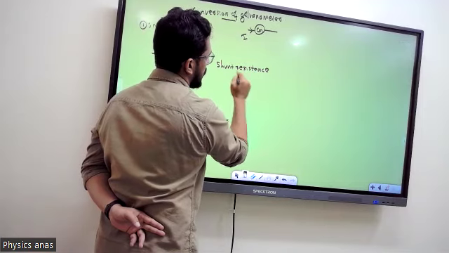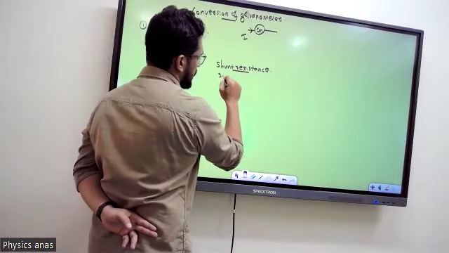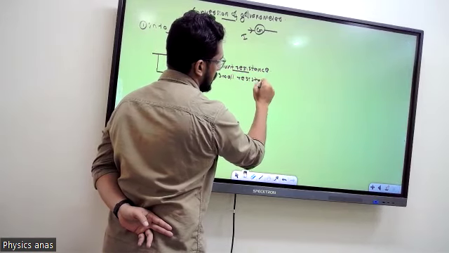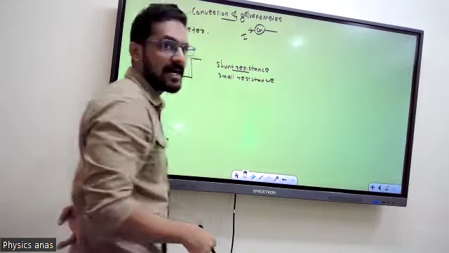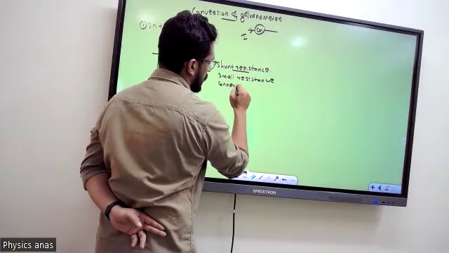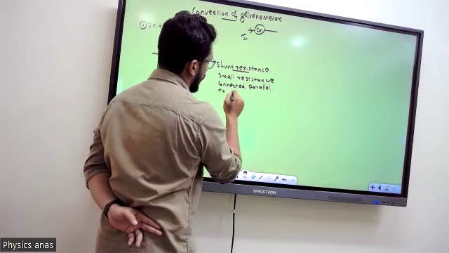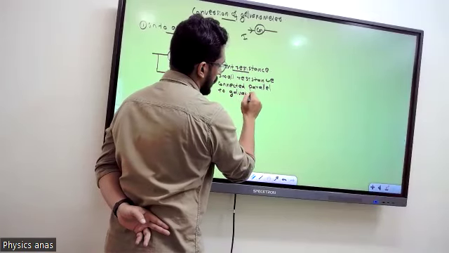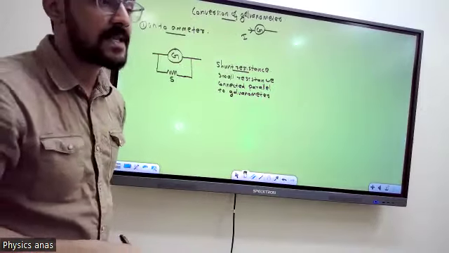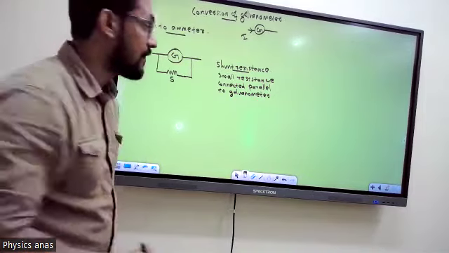Shunt resistance is a very small resistance, connected parallel to galvanometer. What is the use of that? To protect the galvanometer from larger current or heavy current.